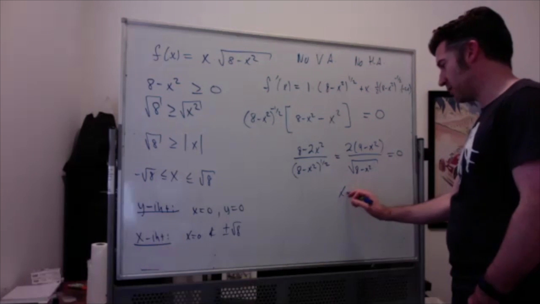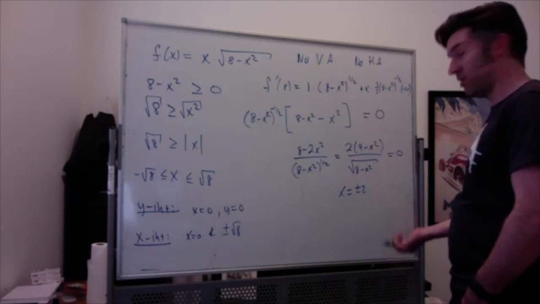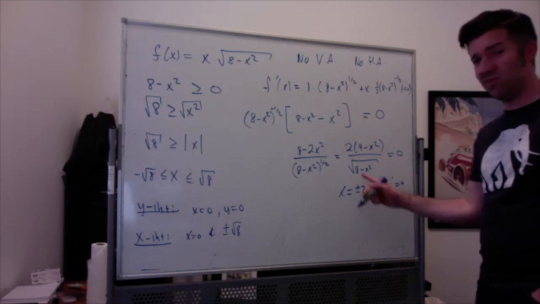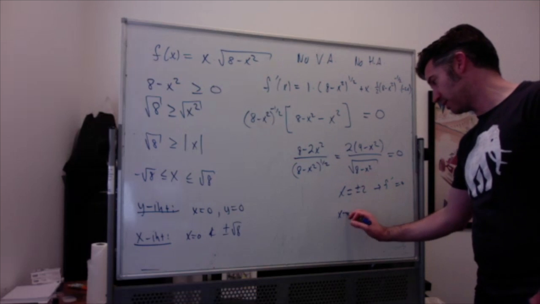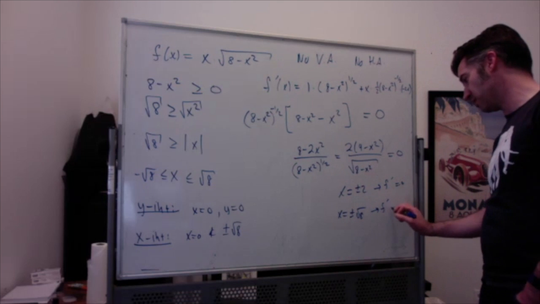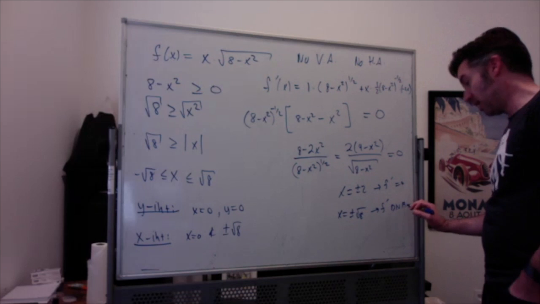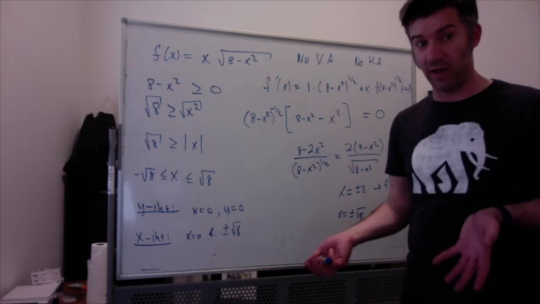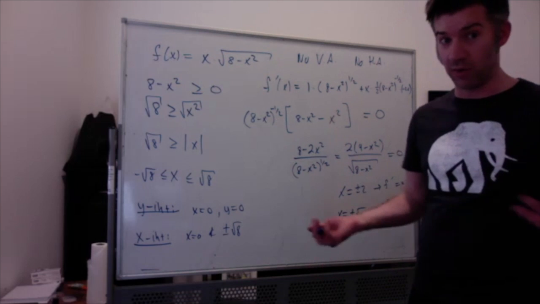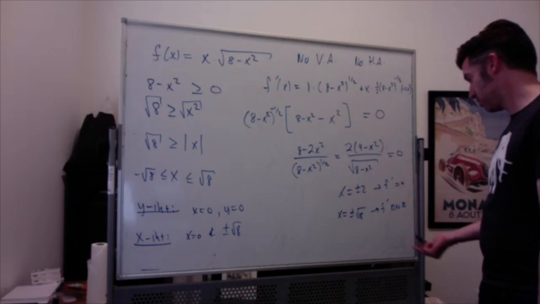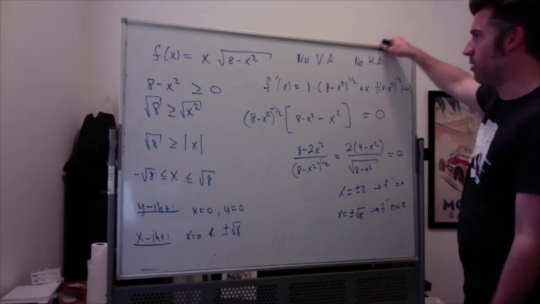So I get x equal to plus or minus 2 is where it's 0. And I do get that x equals plus or minus root 8 is where the derivative is undefined. And those are places that are in the domain, so they technically are critical values. They're real critical values. They're not like these pretend critical values. They're actually critical values.